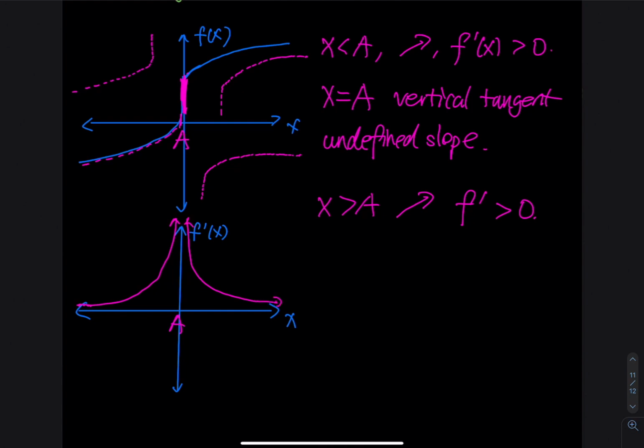So that tells me that at x equals a, the f prime of x has a vertical asymptote. So that will be the graph of f prime.